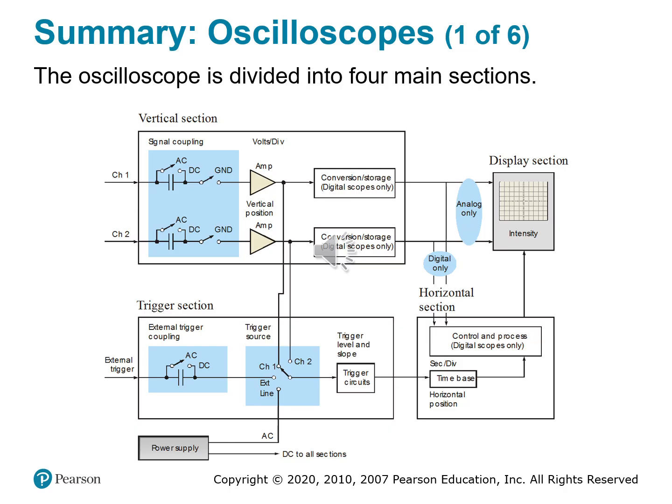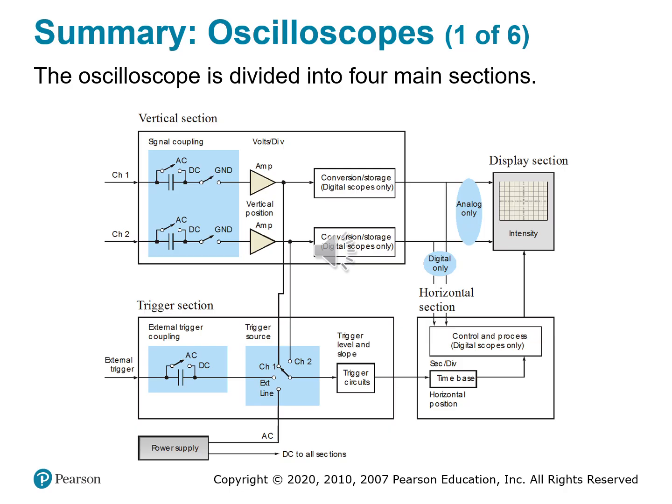It ensures you see a stable, repeatable waveform, not something that's random in motion. Right? Trigger controls can include things like coupling, whether it's AC or DC coupling, and ground coupling, which you'll have in your scope. Level and slope selectors, where you're looking for fine-tuned synchronization.